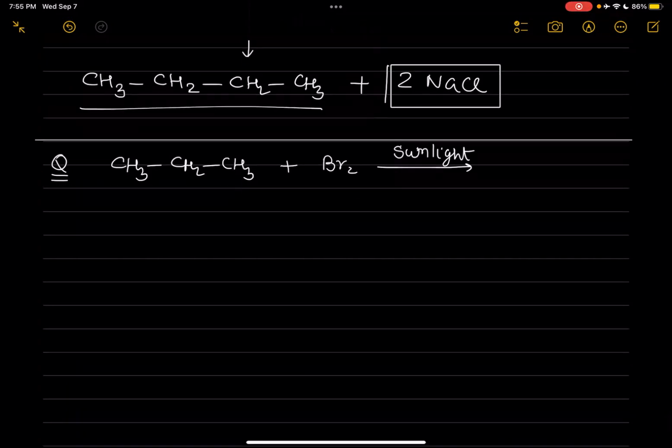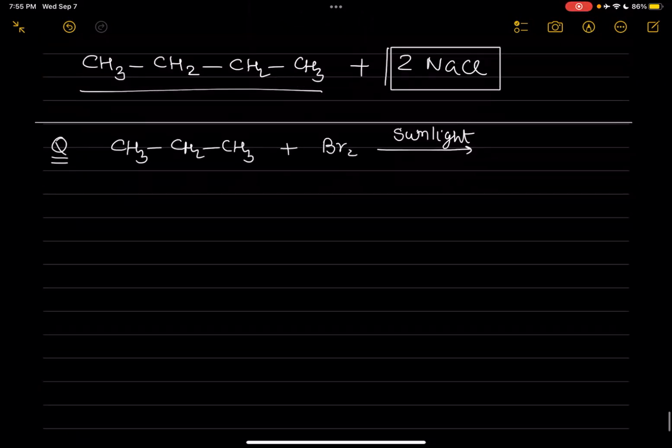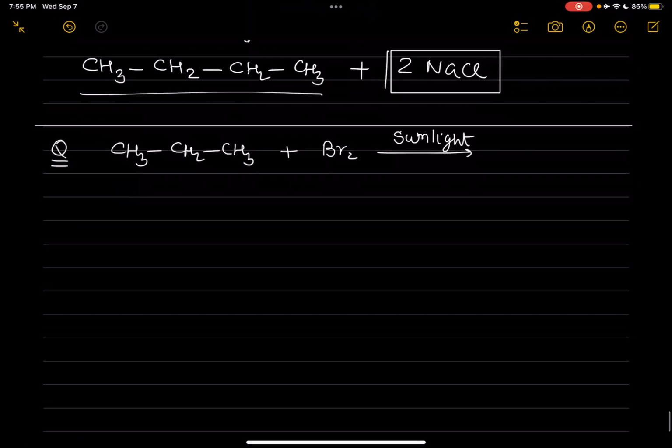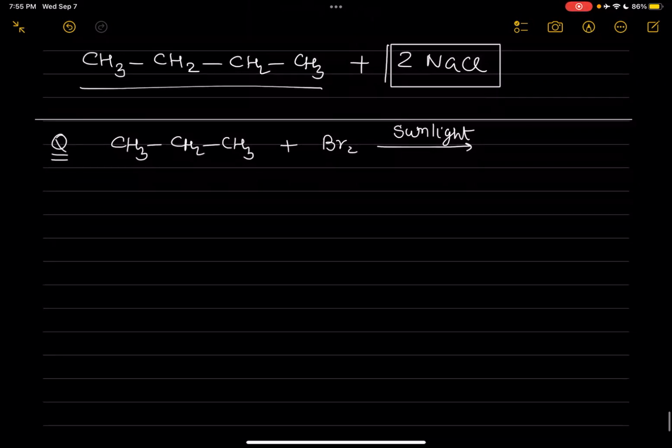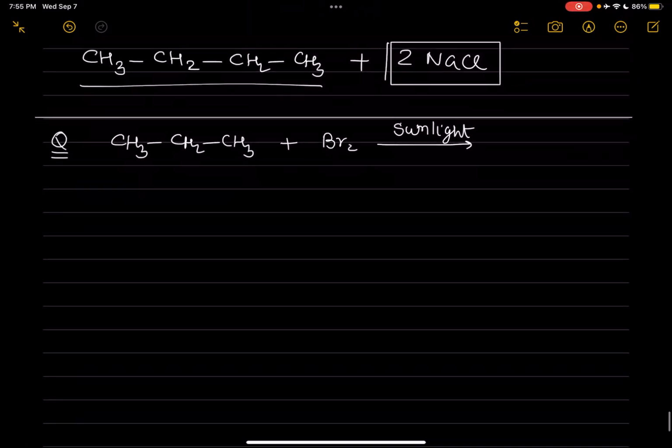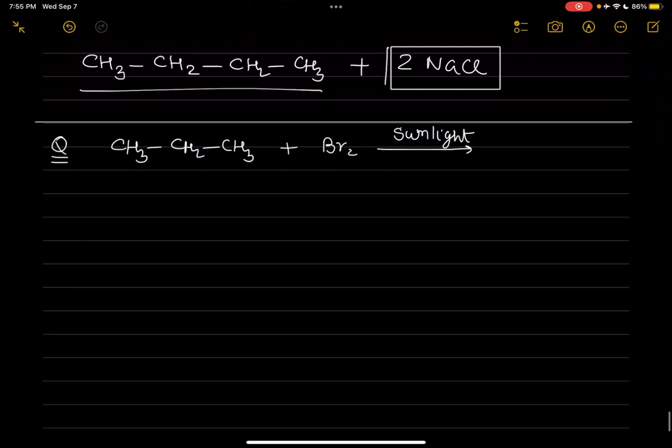Can you use Markovnikov first or no? That is for the addition of HBr on alkenes. Yeah, that is for addition of HBr.